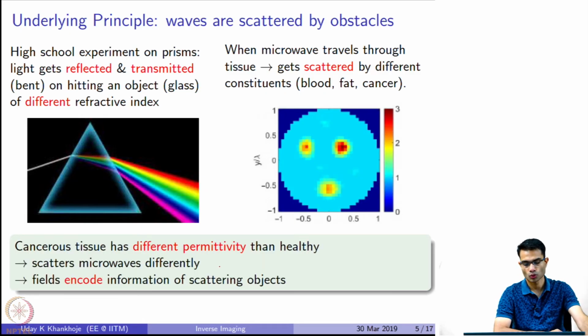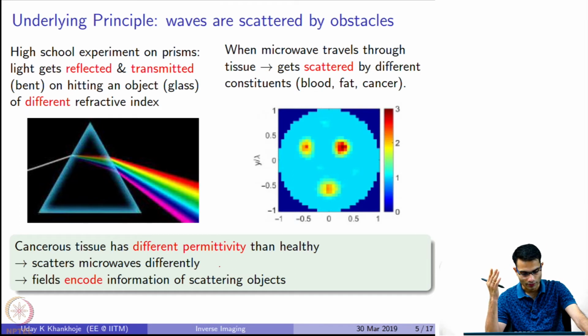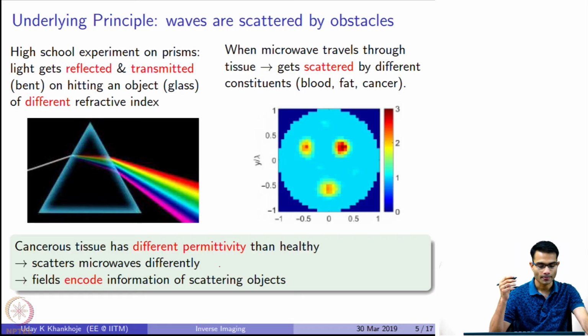More precisely, biologists have done this: they have extracted cancerous tissue and healthy tissue, and they have studied the microwave properties. They have studied the permittivity of these tissues. Of course, cancerous tissue has different permittivity from healthy tissue. That was the first conclusion, right. As a result, it scatters the electromagnetic field differently, and that information somehow gets encoded into the scattered field.